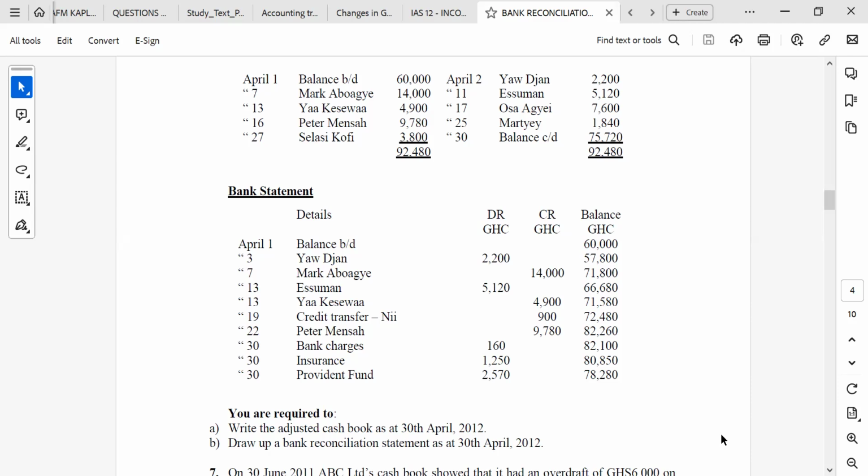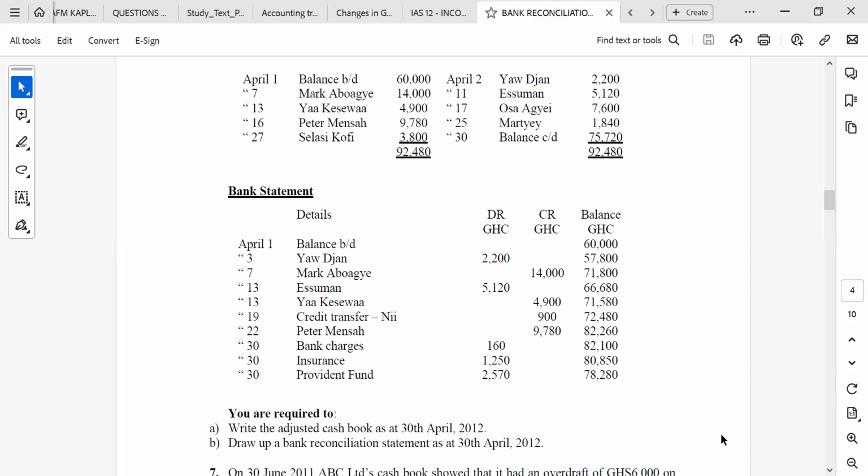So you can check for the reasons for carrying out a bank reconciliation statement, as they can ask a theory question for that. Detecting fraud, and knowing our liquidity position, our cash.